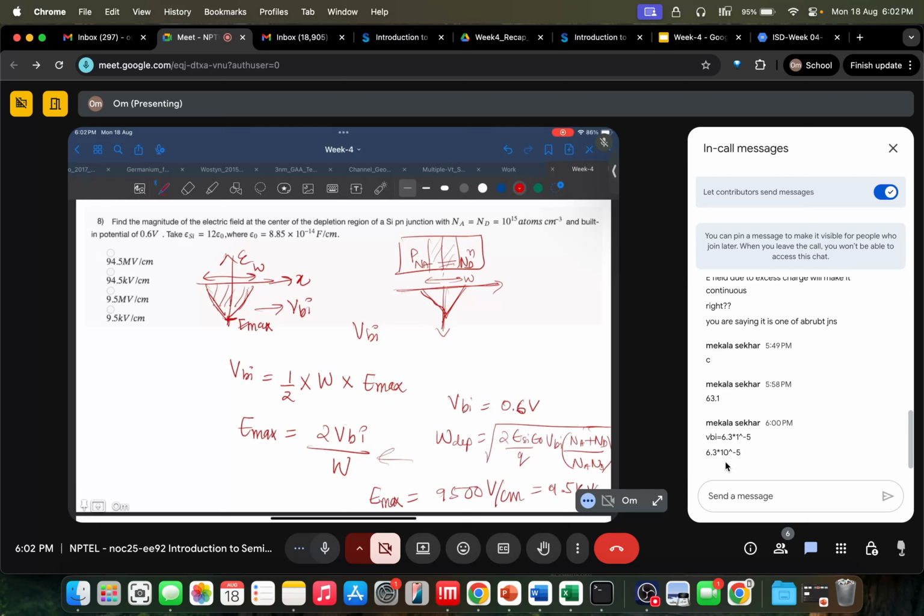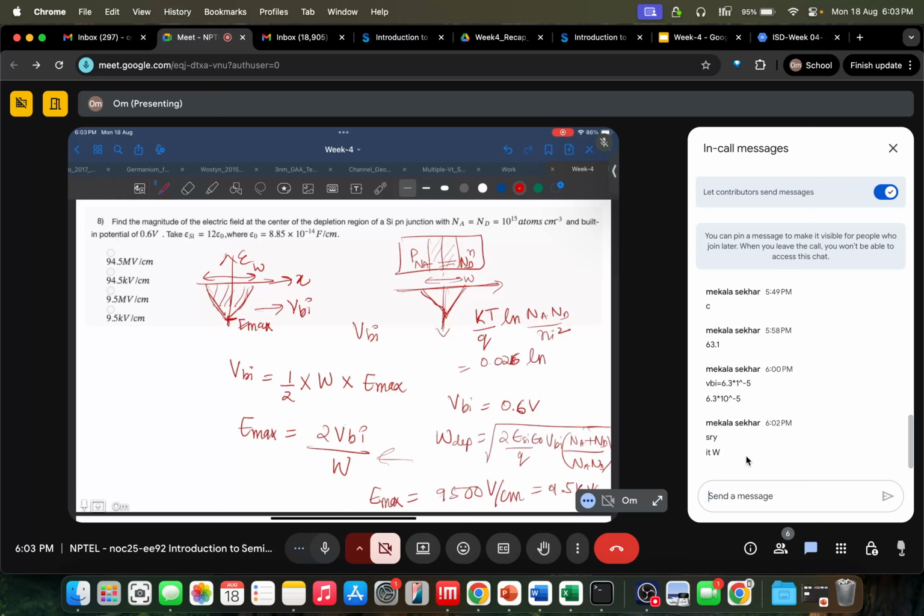VBI is 6.3 into 10 to the minus 5. How? Even if you calculate, I think KT by ln NA ND by NI square, right? So it will be 0.025 or 0.026 ln 10 to the power 30, 10 to the power 20.